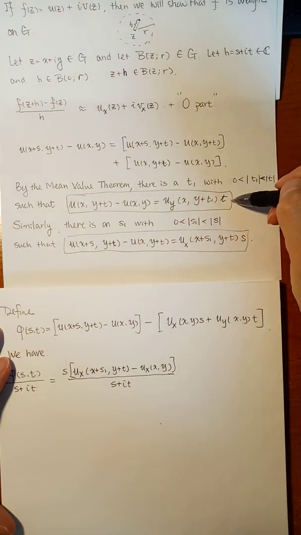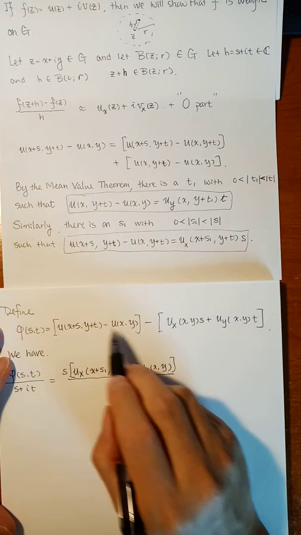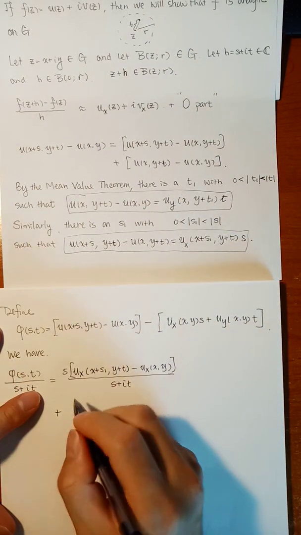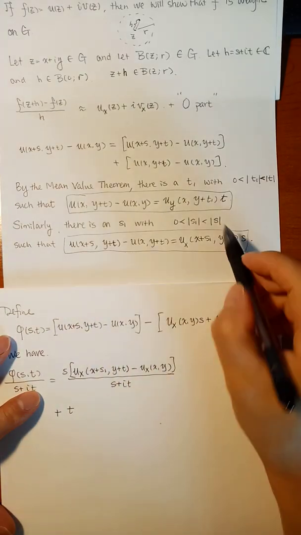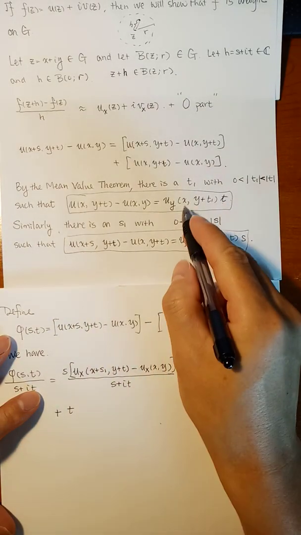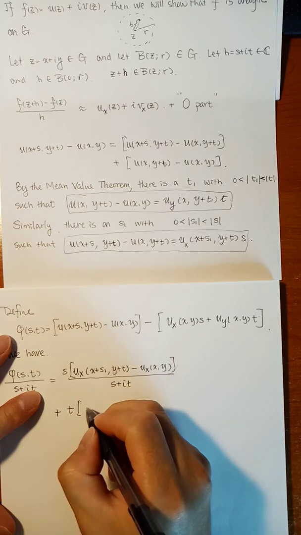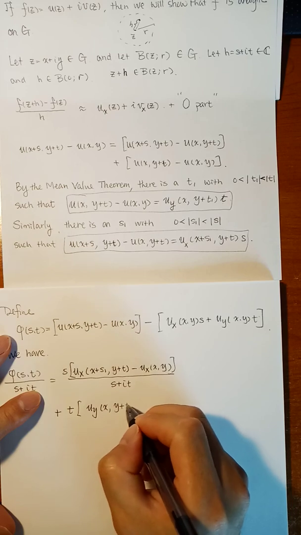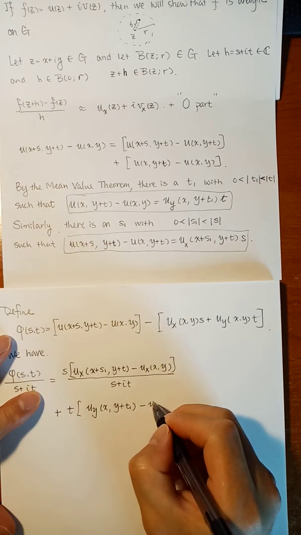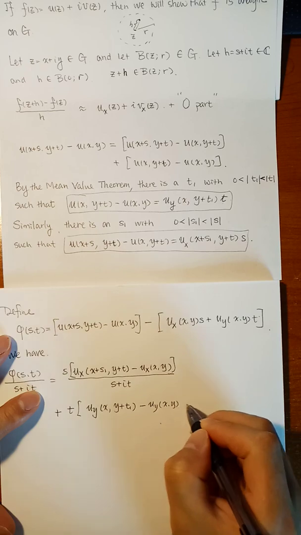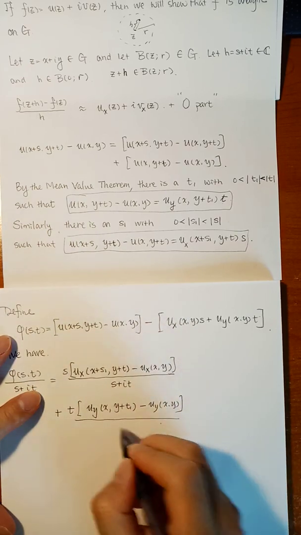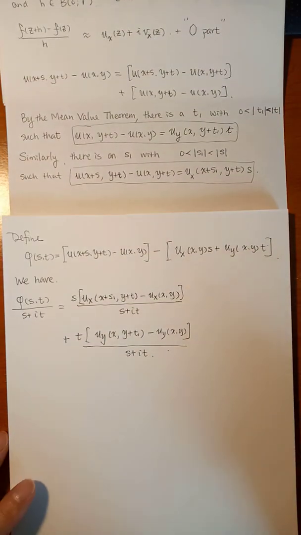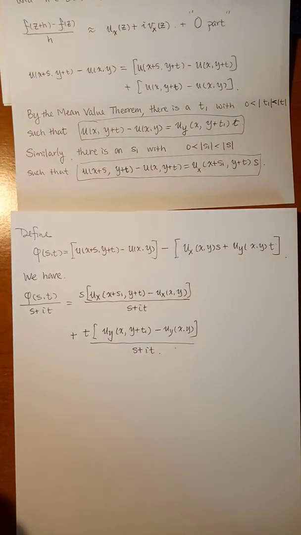So it's going to be this term minus it. Even though here's the difference, here's the sum, because this part is a sum of them. So plus t. So you have t here. Then it's u sub y of x comma y plus t1 minus u sub y of x, y, over s plus it.